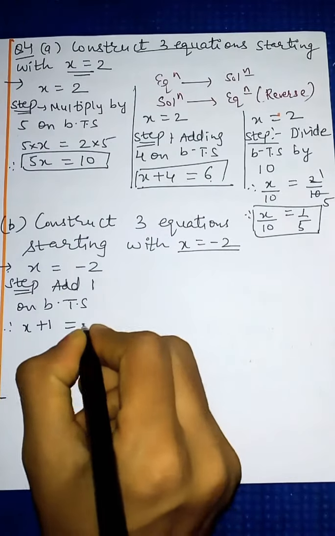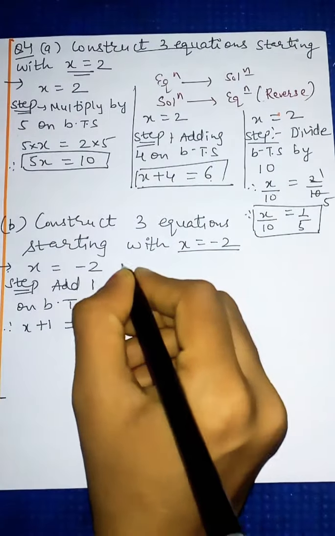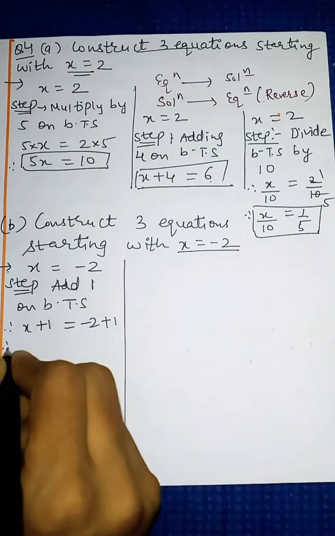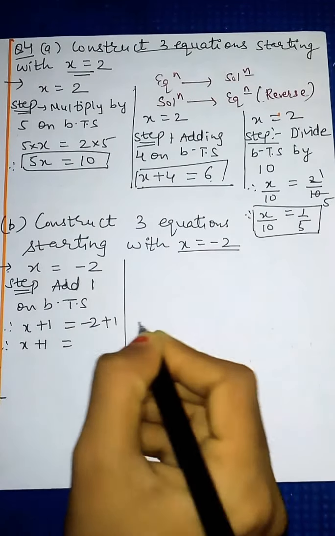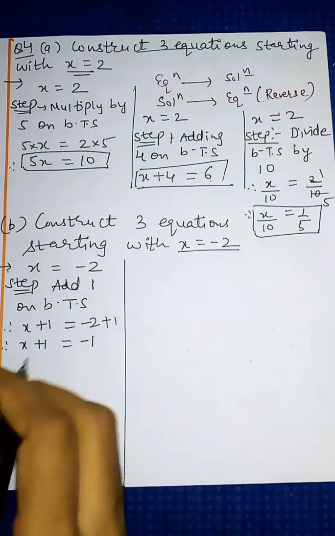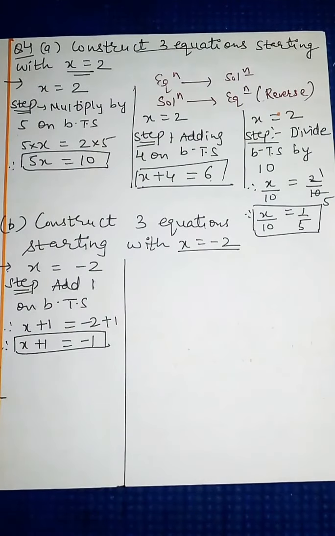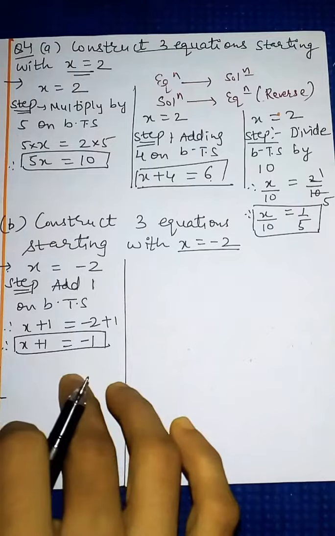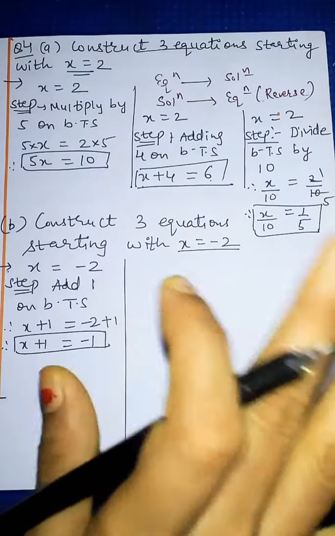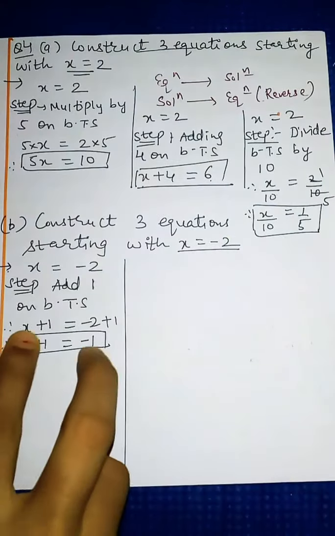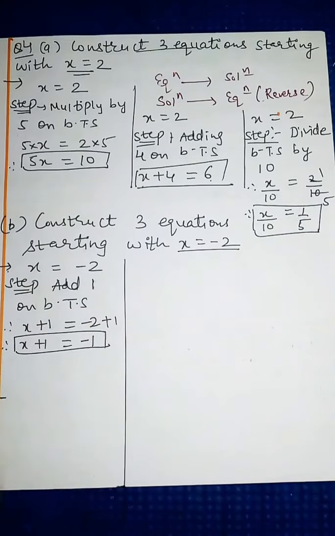This side -2 was there, so it will be -2 plus 1, which is -1. So this is what you get, and this is called an equation. Now if you solve this, the answer will definitely be -2 because we have done steps on both the sides, so the equation is balanced.